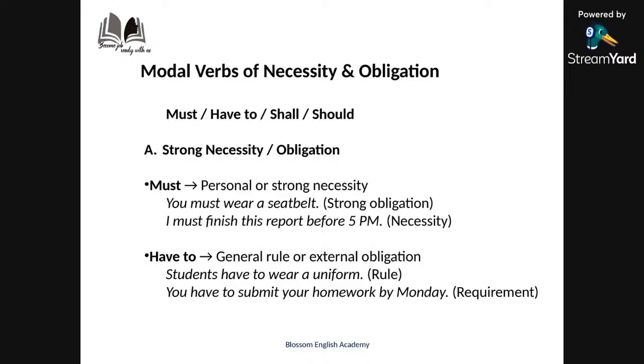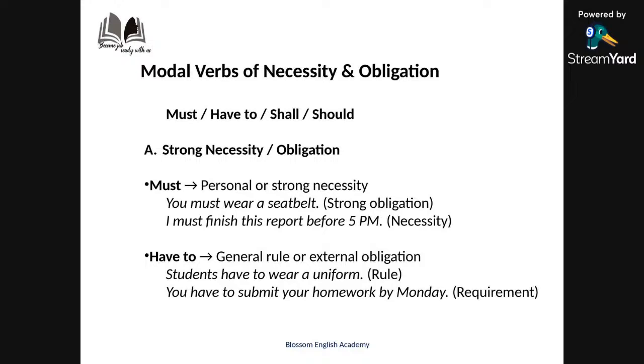Whereas have to has a little bit of lethargy to it. Okay, still it is supposed to be followed, but when compared to must, have to can be a little bit liberalized. So yeah, here you can see that students have to wear a uniform.